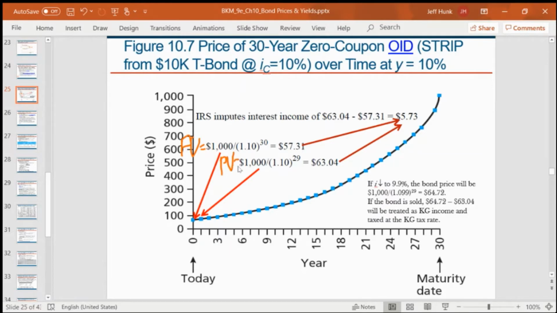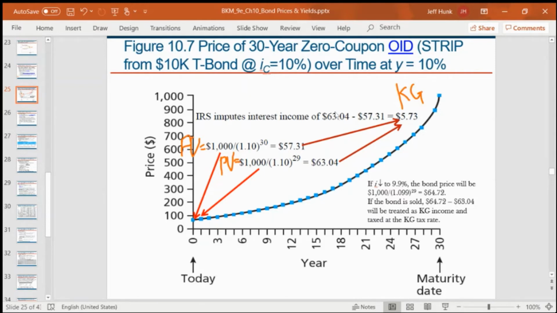So the same last coupon that you're going to receive, if you didn't sell it this year and held it next year, it will be 63.04. So the difference is considered capital gain, if you sell it.